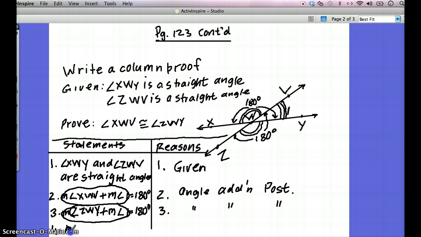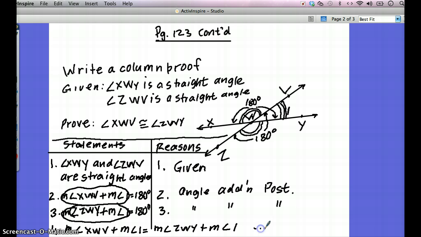So here's my fourth statement. Measure of angle XWV plus measure of angle 1 must be equal to the measure of angle ZWY plus measure of angle 1.